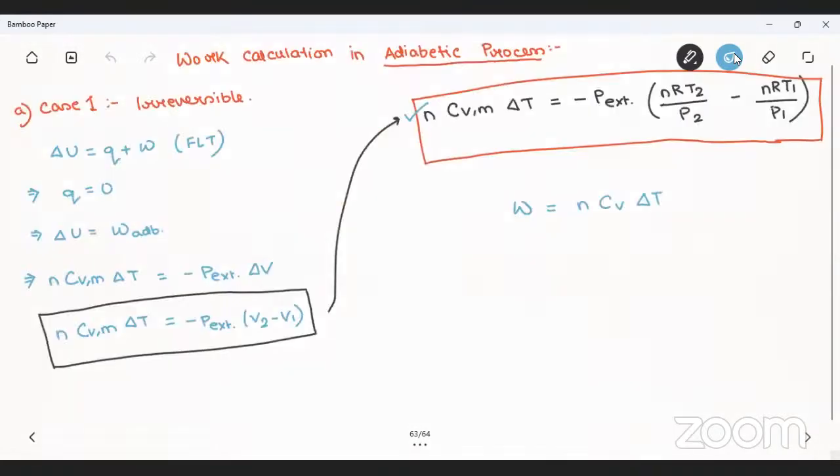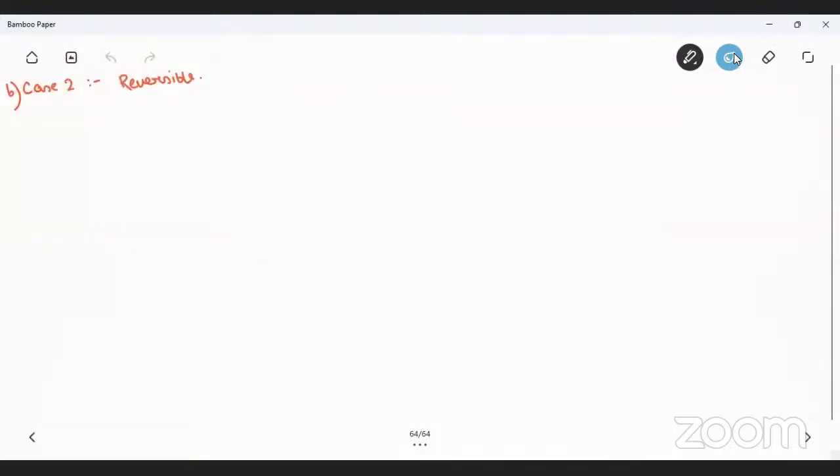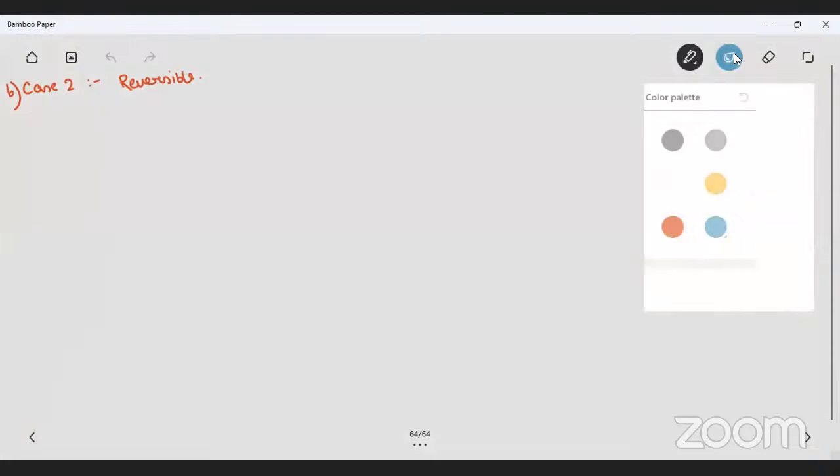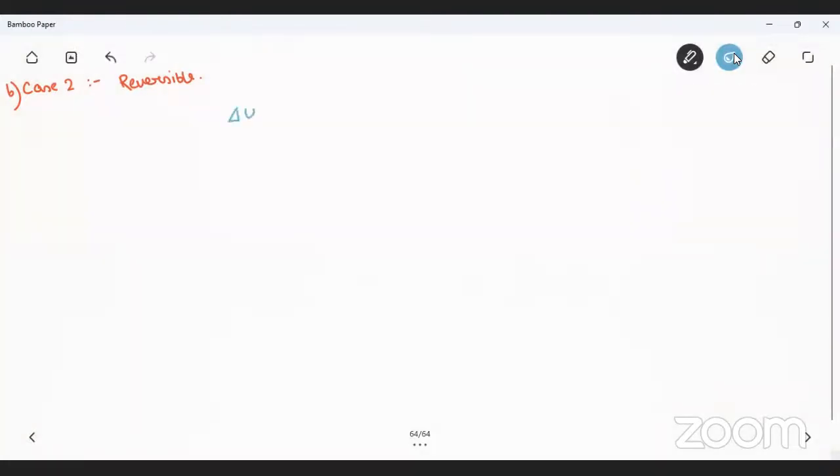Once the final temperature is calculated, then we will use this formula: delta U is equivalent to Q plus W. Q is already equivalent to 0, so delta U is equivalent to W in an adiabatic process. And we will use n CV delta T equivalent to work.